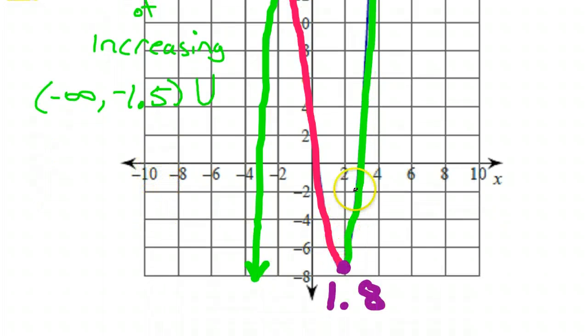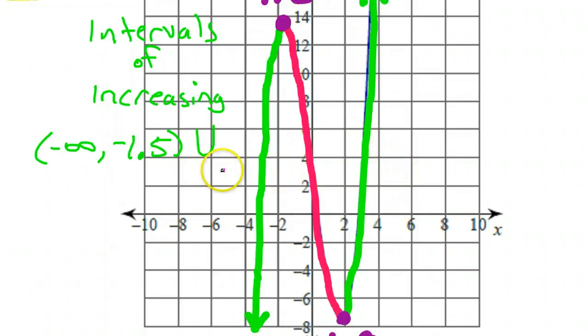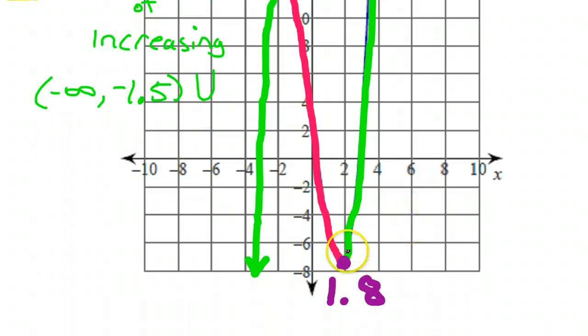Now, again, looking at this green branch, you should be asking yourself, how far to the left does it go? How far to the right does it go? Well, in terms of how far to the left, it goes left as far as this purple dot right here. This is where it starts. But all we care about is the x value, and that's about 1.8.